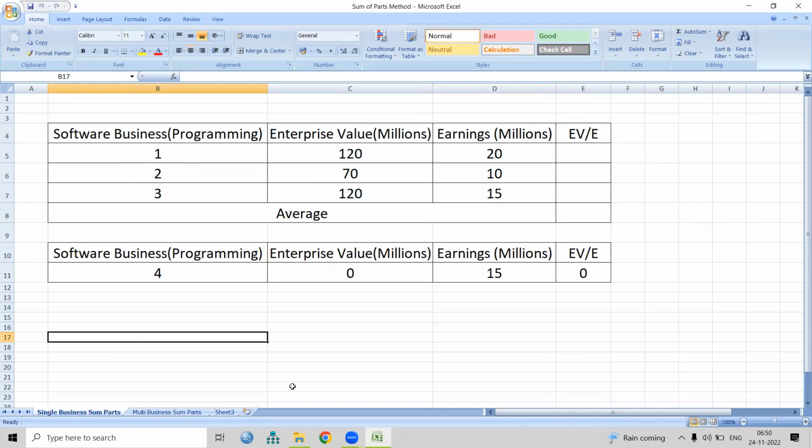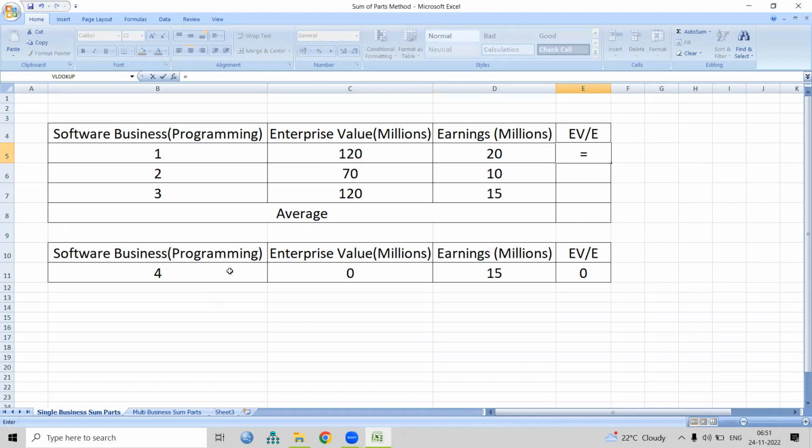Start with the single business operations. We already have calculated enterprise value, which is basically debt and equity total 120 million, 70, and then 120 billion. The earnings is given, that's the net income, which is 20 million, 10 million, and then 15 million. Enterprise value divided by earnings is the number of times earnings contributing to the enterprise value, right?